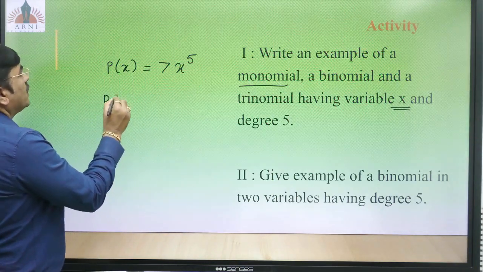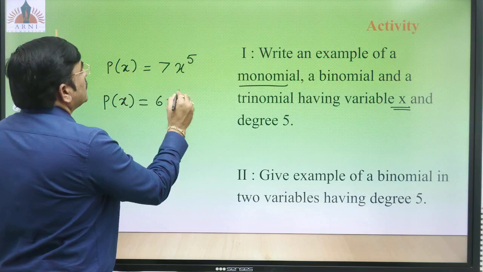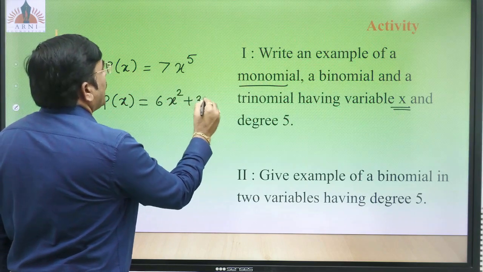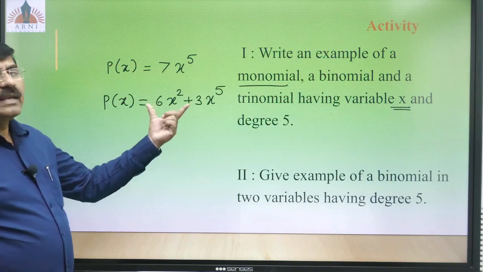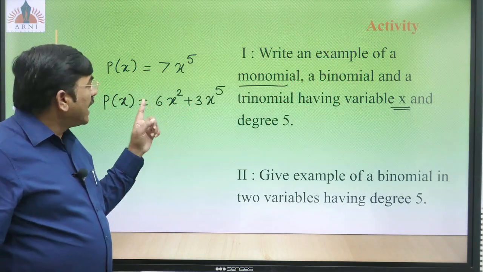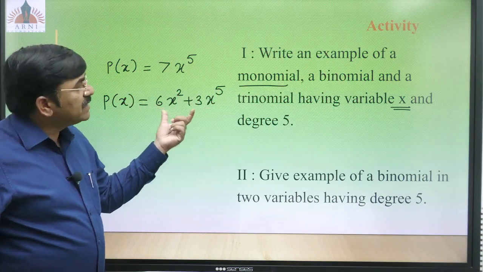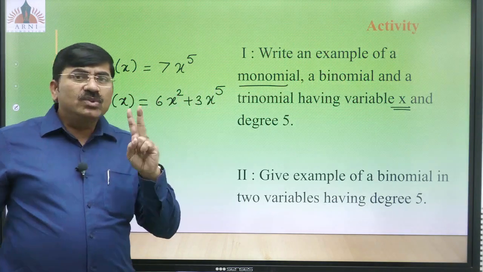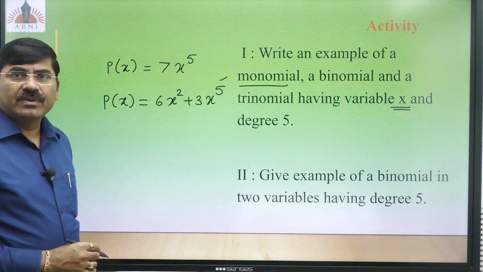If you want to write in degree 5 and 2 terms, so it may be x raised to 5 here. So, this is like 2 terms are given and the highest power is 5. So, that is why this is a binomial, means a 2-term polynomial, and its degree is 5.